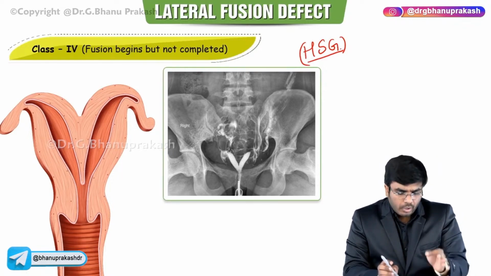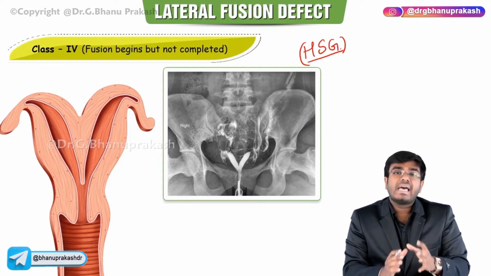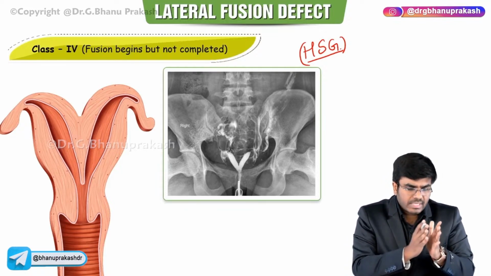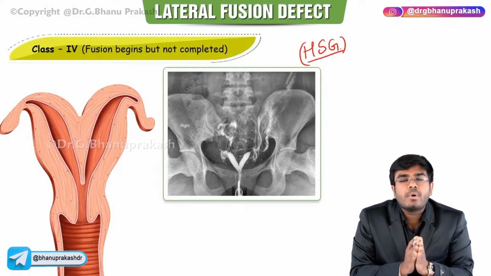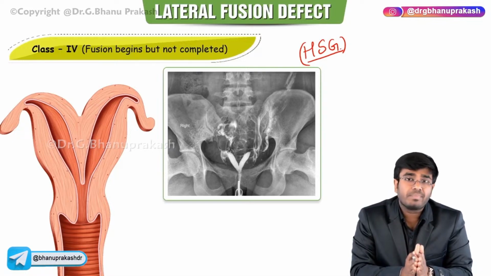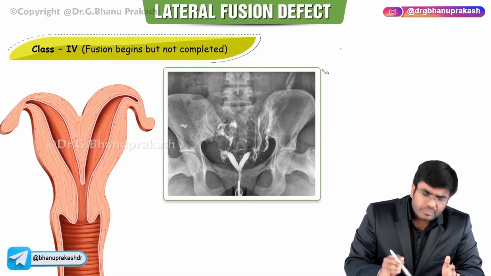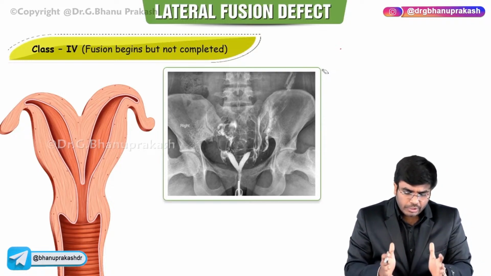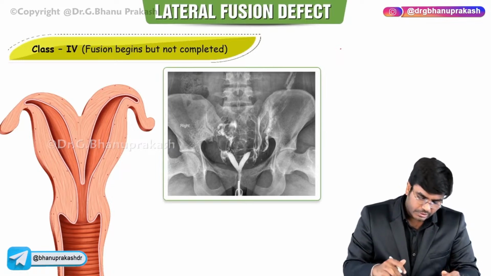Why? Because a septate uterus will look exactly the same. So septate uterus and bicornuate uterus look exactly the same on hysterosalpingography. Why? We will discuss later. Just to give you an idea, I am showing you the hysterosalpingographic image of the bicornuate uterus.